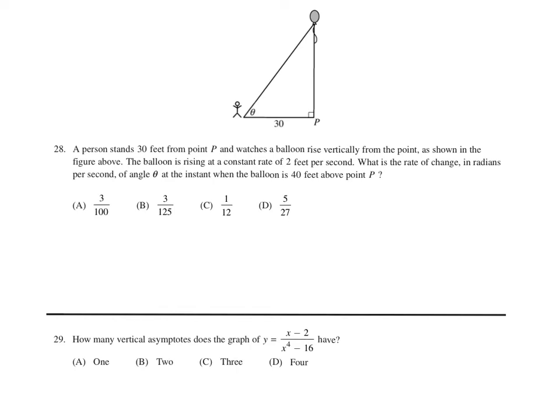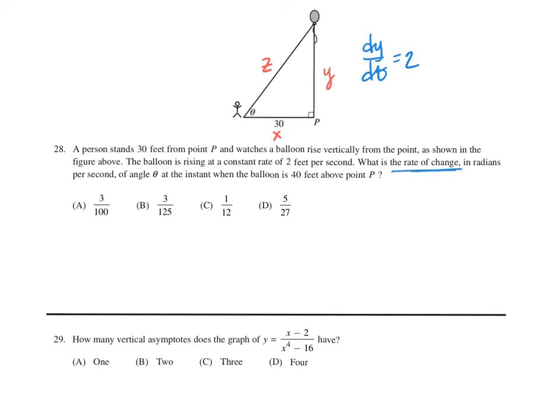So when I say related rates, we're talking about dy/dx, dy/dt, right? Rates over time. So I'm going to call this the x-axis, this is the y-axis, and I'm going to call this the z. It says the balloon is rising at a rate of 2 feet per second. So y does not equal 2, but dy/dt does equal 2. Positive 2 because the balloon is going up.